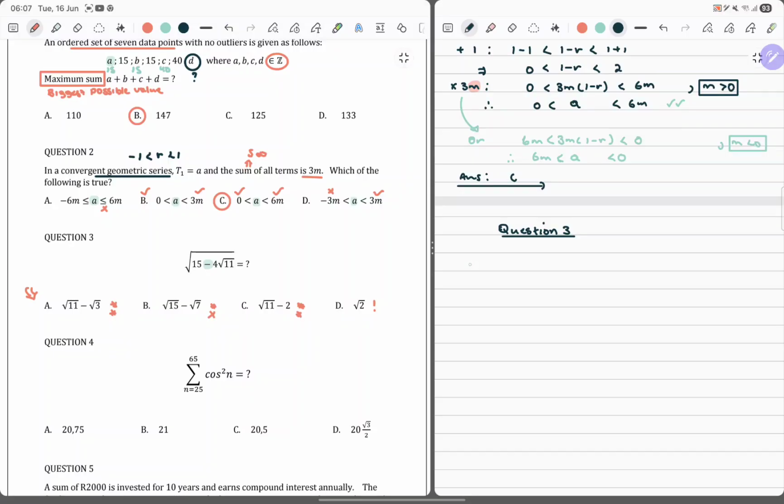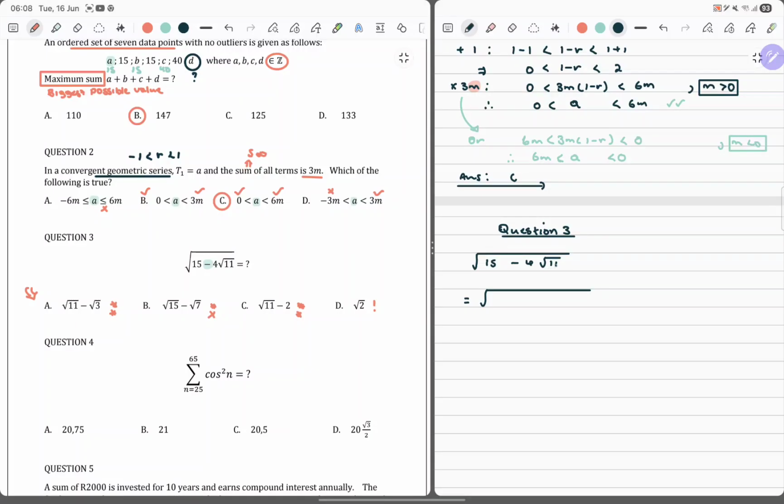Let's then get to the problem before we waste too much time. So here we've got a square root of 15 minus 4 root 11. Okay, so we're going to try and say, fine, is this possibly something we can write in such a way that it resembles an algebraic quadratic equation, which is a perfect square?